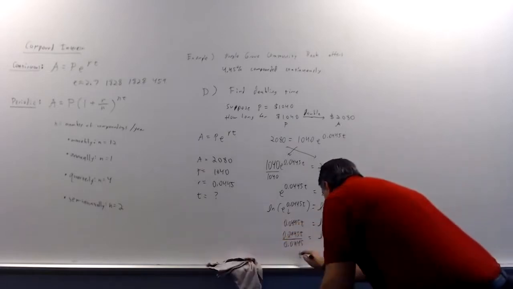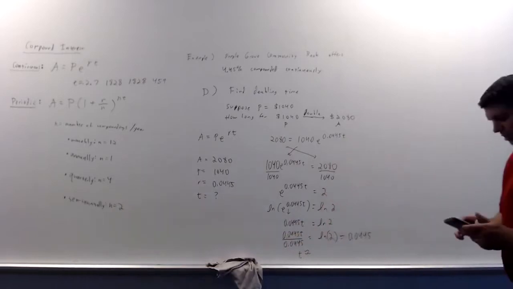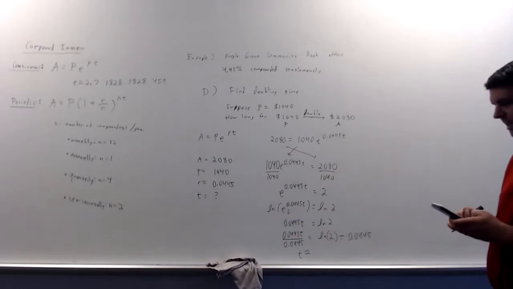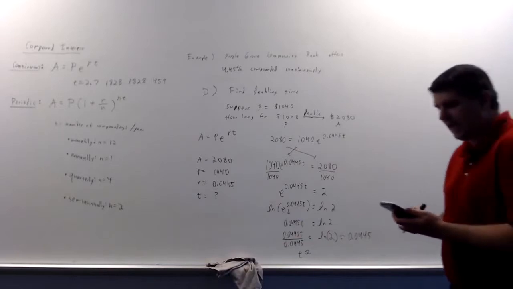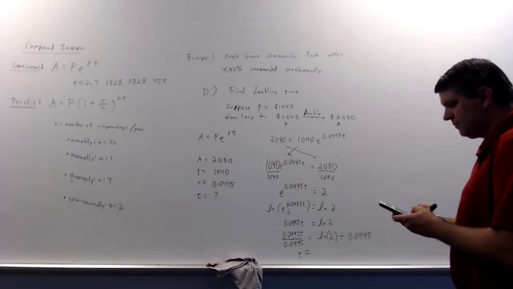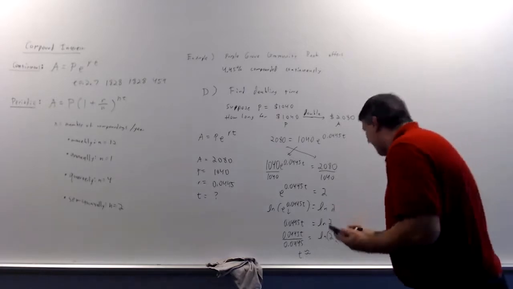And t is approximately, natural log of 2, hit enter or equal, I'm looking at 0.6931471 and so on. Divide off the 0.0445. I'm looking at approximately 15.58 years.